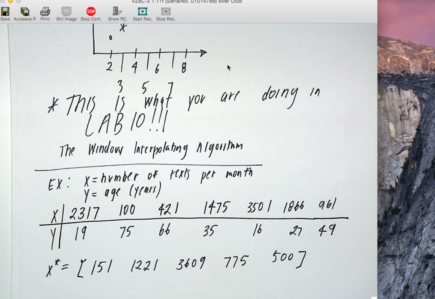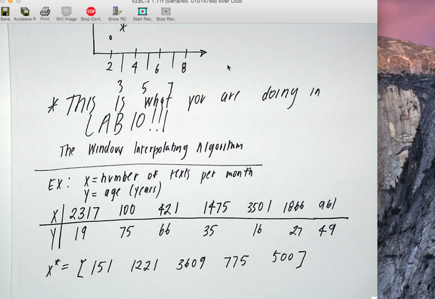Okay? So I'm going to linear interpolate properly between the right points to find how old each of these 5 people are. So let's start with just plugging it into the function that we wrote, and then we'll do the exercise up here to write out the algorithm.